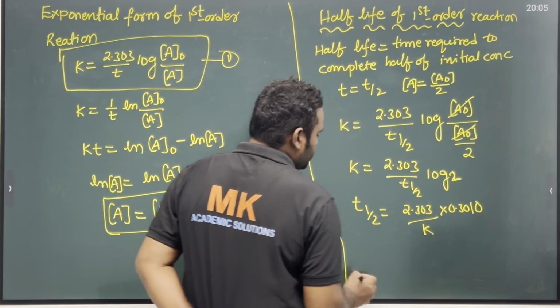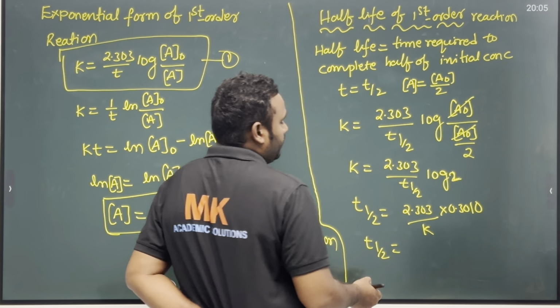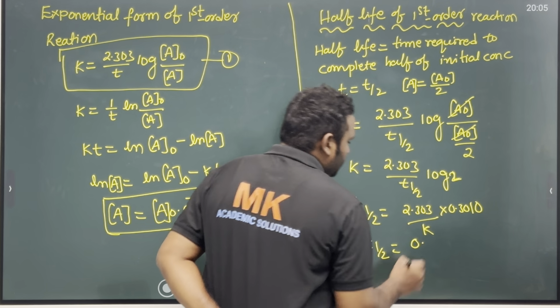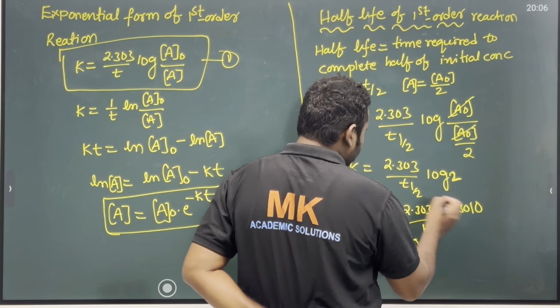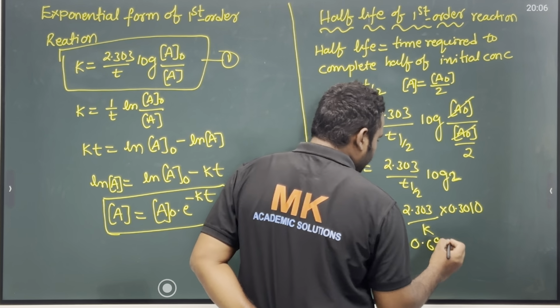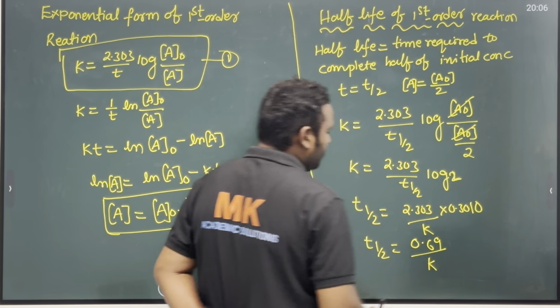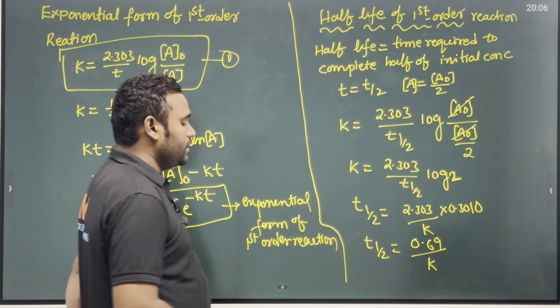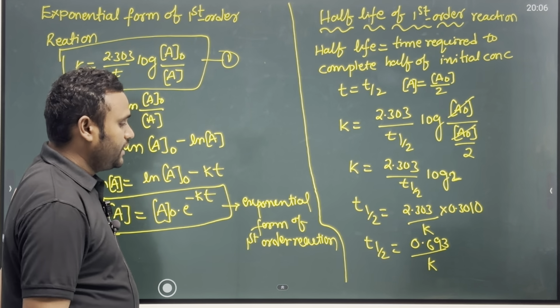When you multiply these two, t half is equal to 0.693 by K, approximately.